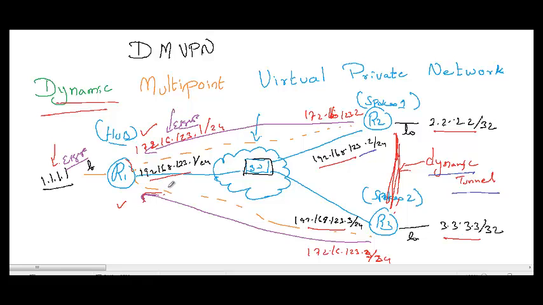I'm not having EIGRP here. No EIGRP. I have EIGRP on the tunnel and the loopback.